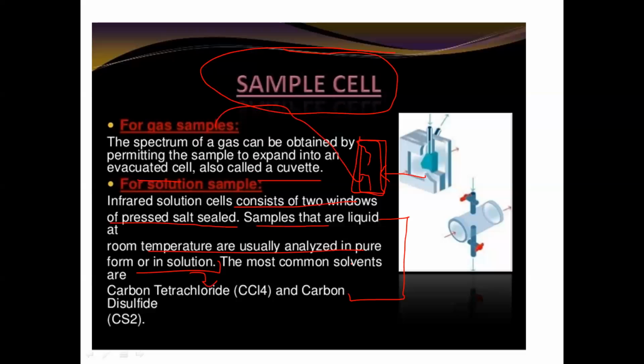Either you can take the pure sample, mix it in KBr and form pellets and analyze that, or you can form the sample in CCl4 or CS2. It is the medium for mixing the sample and forming the solution. So it is the solution sample.